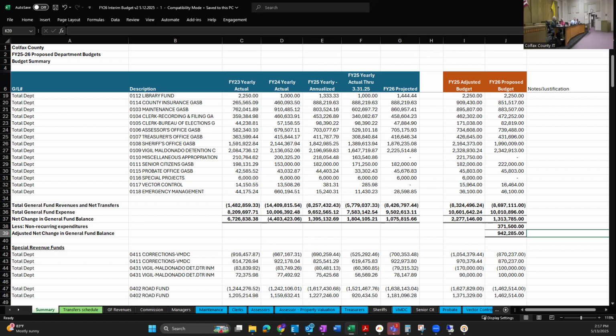We could hold a budget workshop for public input before our next meeting and put it on the agenda for the next meeting as approving the interim.